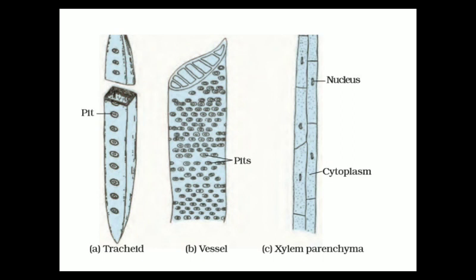The tracheids and vessels are tube-like structures which mainly conduct water, xylem parenchyma will store food, and xylem fiber will act as a supportive element.